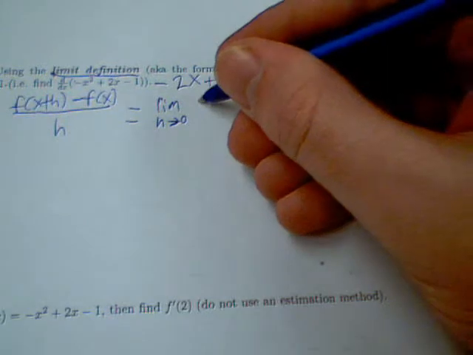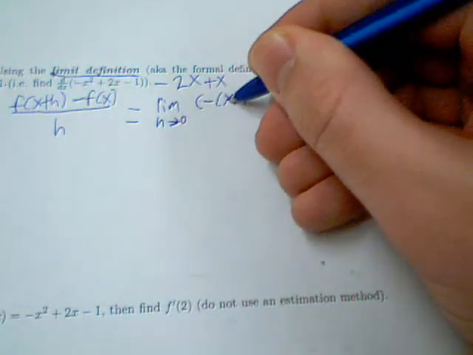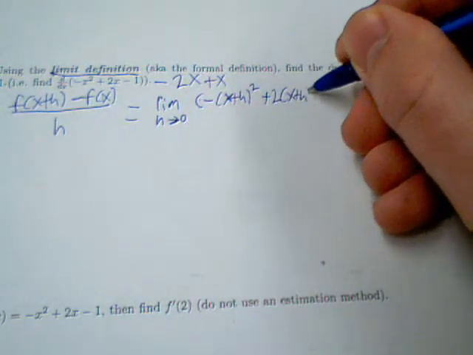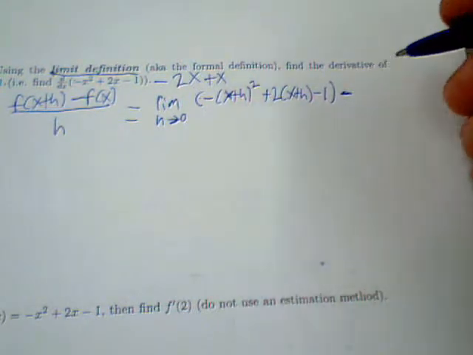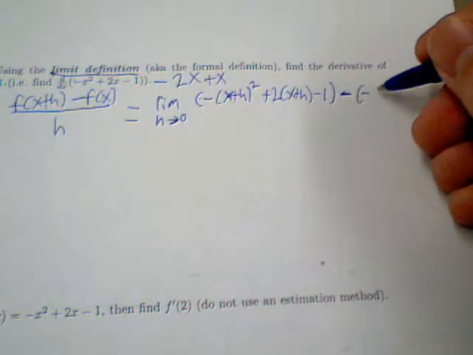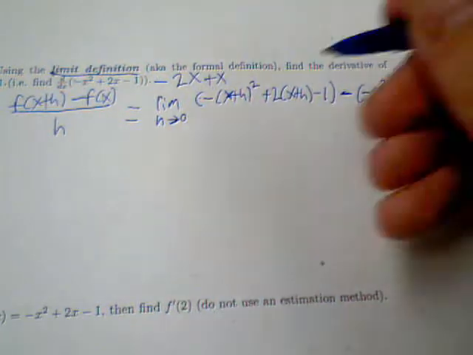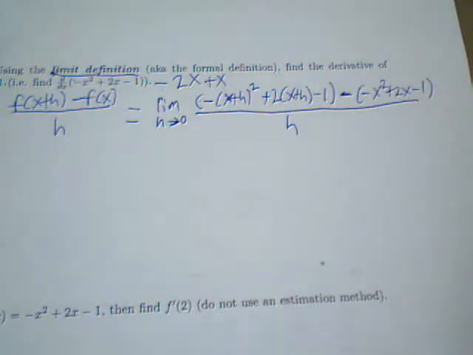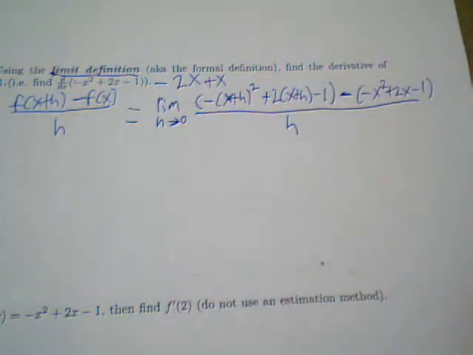F of x plus h will be negative x plus h squared plus 2 times x plus h minus 1. Minus f of x, well, that's just negative x squared plus 2x minus 1. All over h. Okay? So now, let's simplify this top and see what we get.